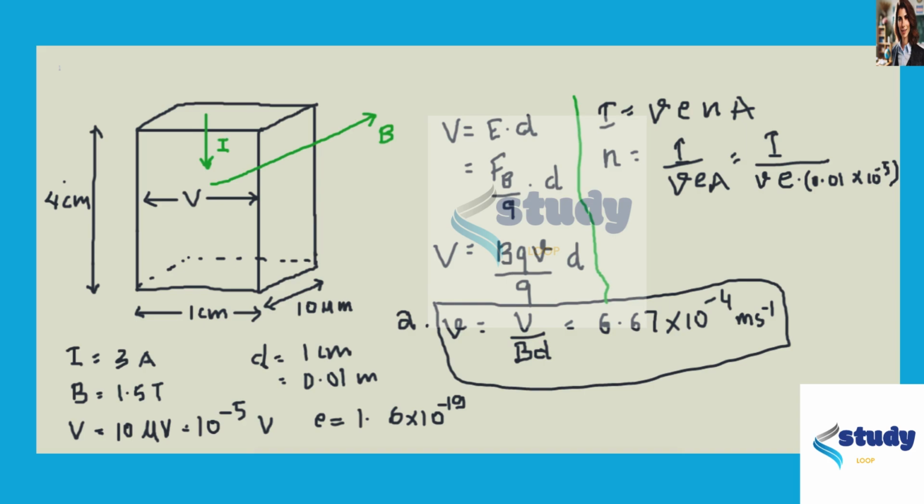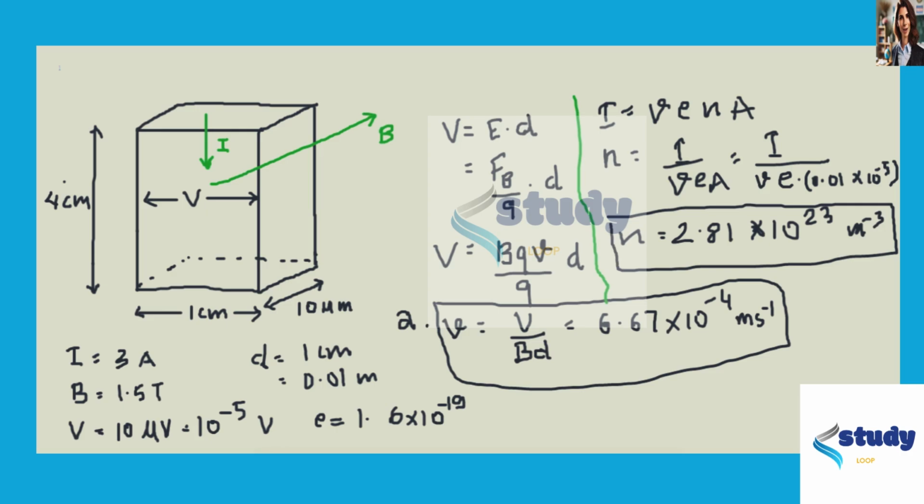This will give me the value of N to be 2.81 into 10 to the power 23 charge carriers per meter cube. All right. Now let's move on. This gives me the solution to part B of the question.